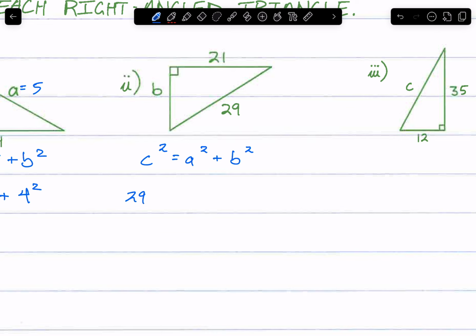So 29 squared equals, and the two short sides are b and 21. So instead of a squared, I'm going to make this b squared, and instead of b squared, I'm going to make this 21 squared. Of course, you can switch these around, as in you can make it 21 squared plus b squared. It's not going to make a difference.